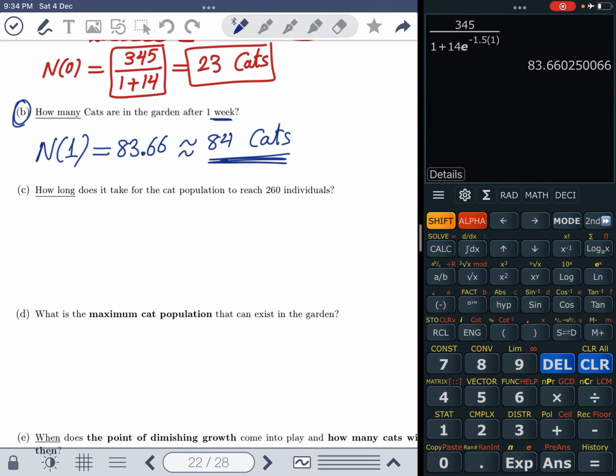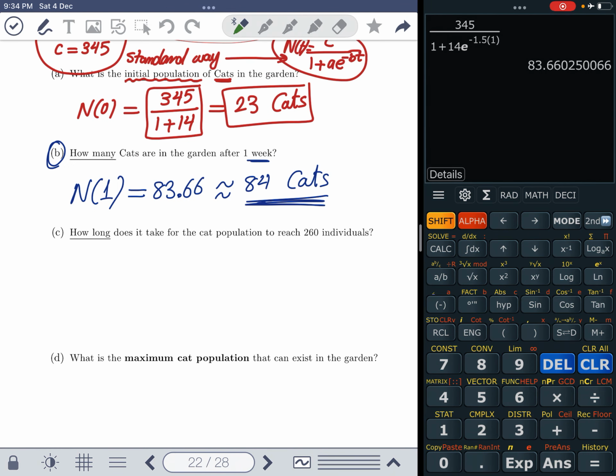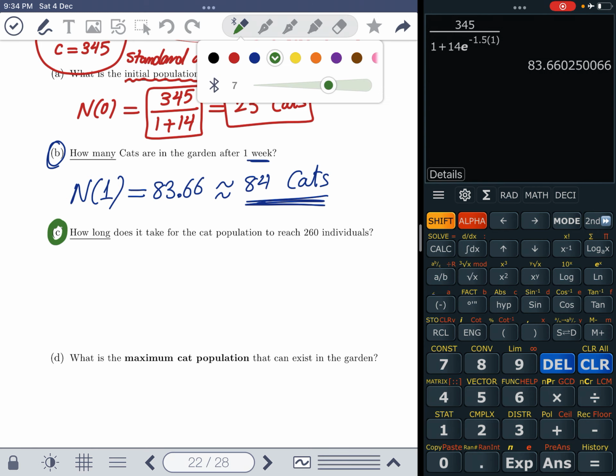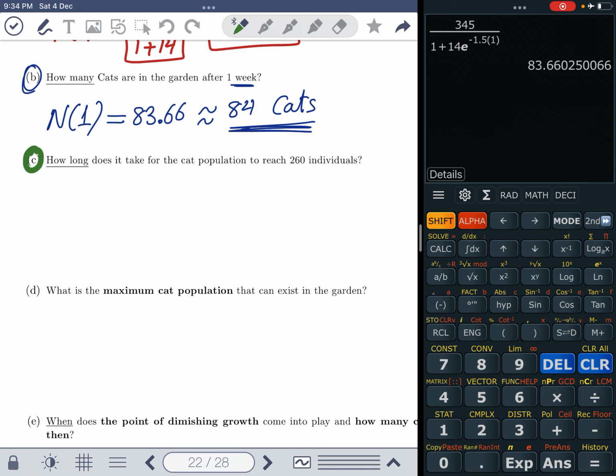Now we go to the next question, and we'll put a different color. The question is, how long does it take for the cat population to reach 260 individuals? So this is the number of individuals, n equals this, and they're asking you, how long does it take? So what is the time?